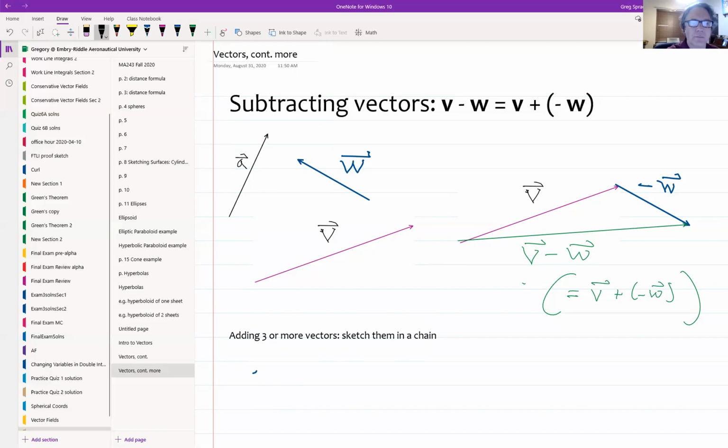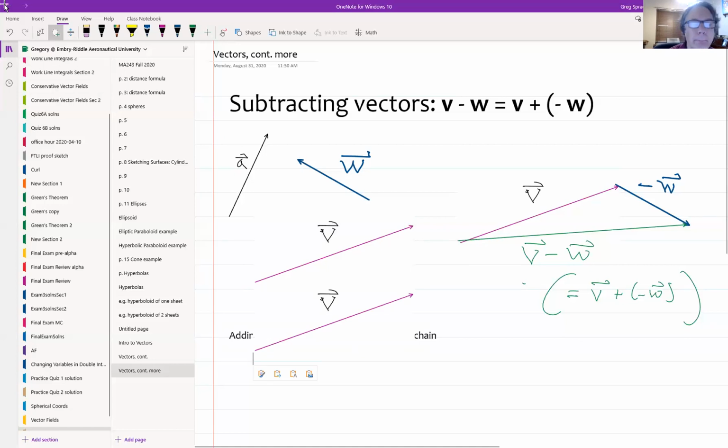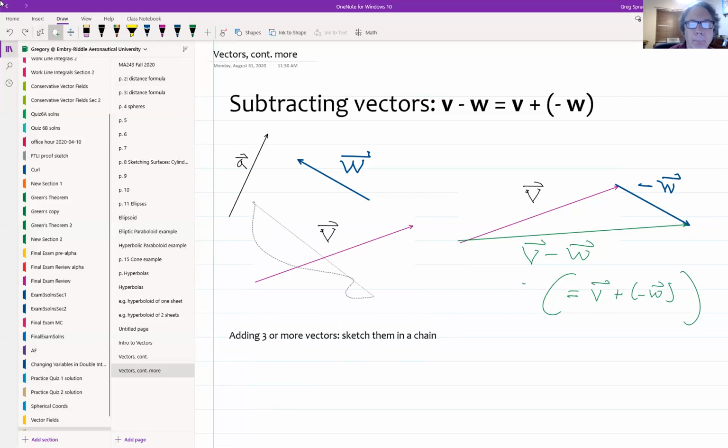I'm going to sketch V, W, A. See if I can do this by cutting and pasting. Okay, there we go.